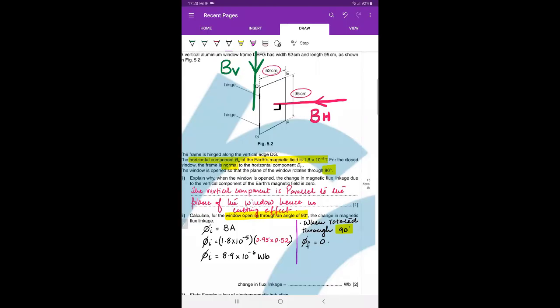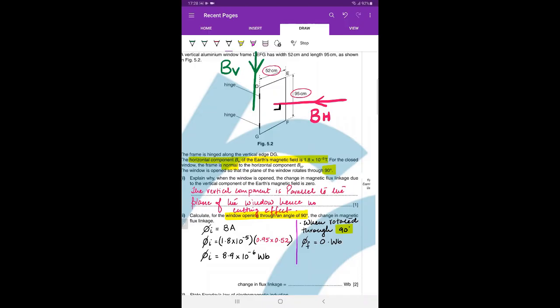In case you're wondering why 0: if initially the field lines were perpendicular to the frame of the window, then after a rotation of 90 degrees, the same field lines will now become parallel to the frame of the window. Hence, the final value will be 0.